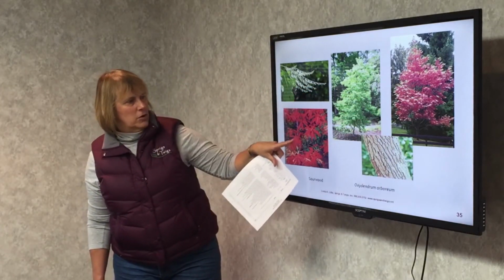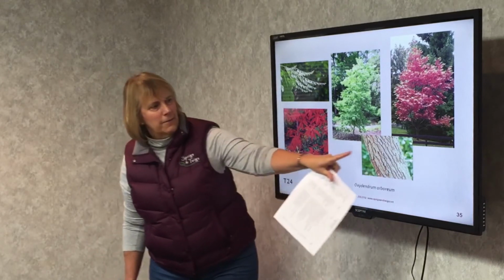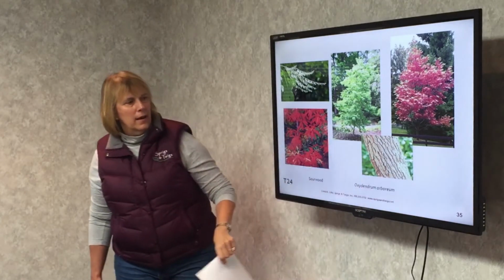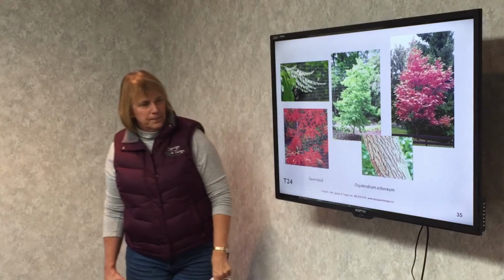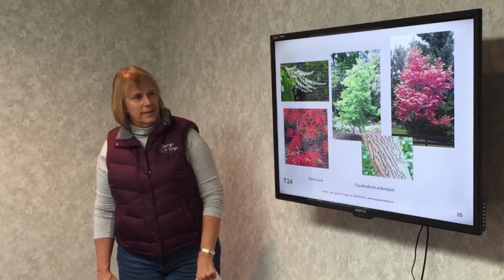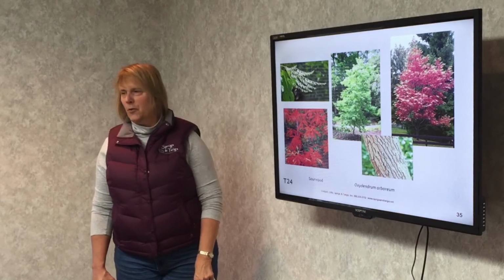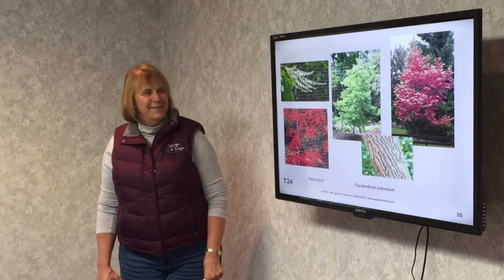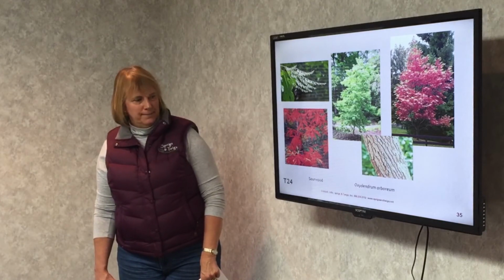Another close-up picture of the fall color, and it has a very nice corky bark. These are hard to find, and whenever I find one that's affordable, because they're also expensive if you find them, I'm going to get me one.